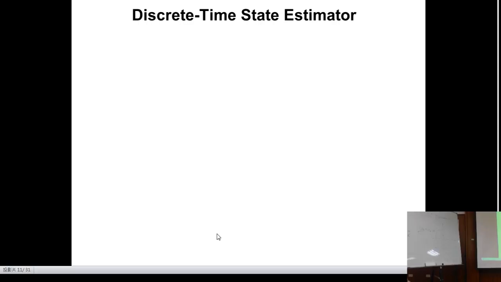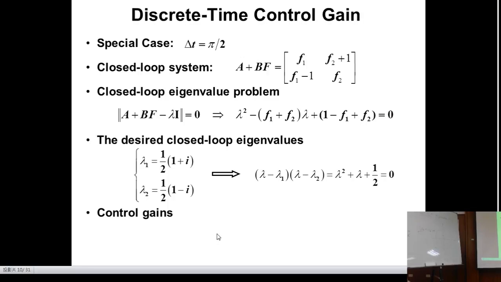F1 plus F2 has to equal minus 1, and 1 minus F2, F1 plus F2 will be equal to half. I have two equations to solve for two unknowns. So my F1 equals 1 over 4, F2 equals 3 over 4. That's my gain, F1 and F2.